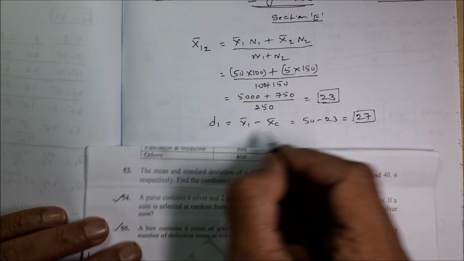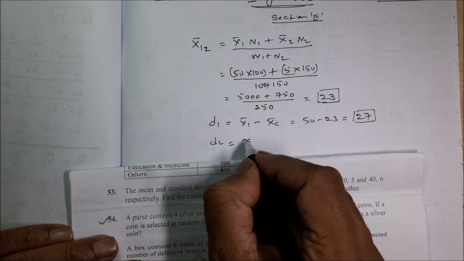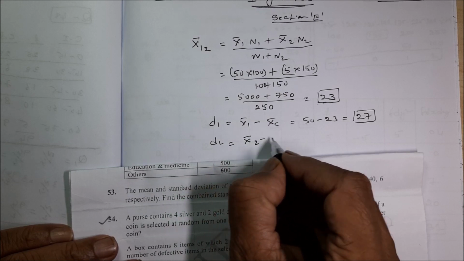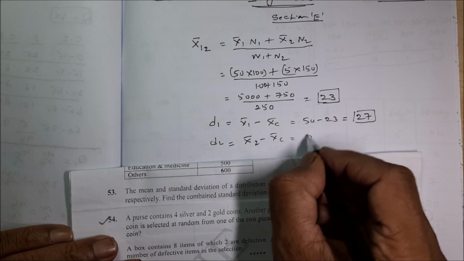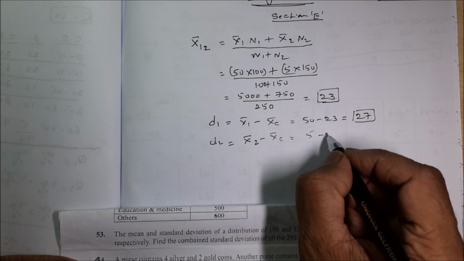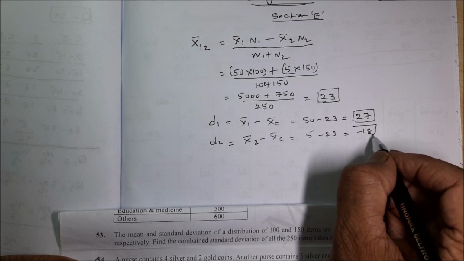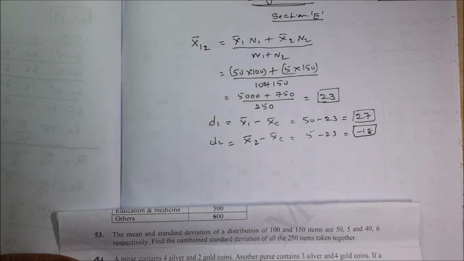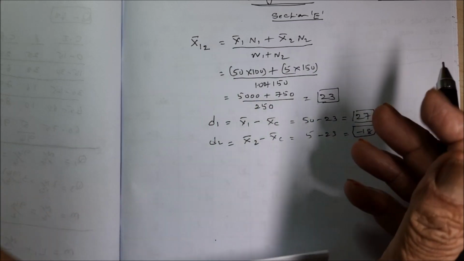Likewise D2 is mean 2 minus combined arithmetic mean, that is 5 minus 23, equal to minus 18. So this is the first step you have to do, which can be done with the help of the combined arithmetic mean.